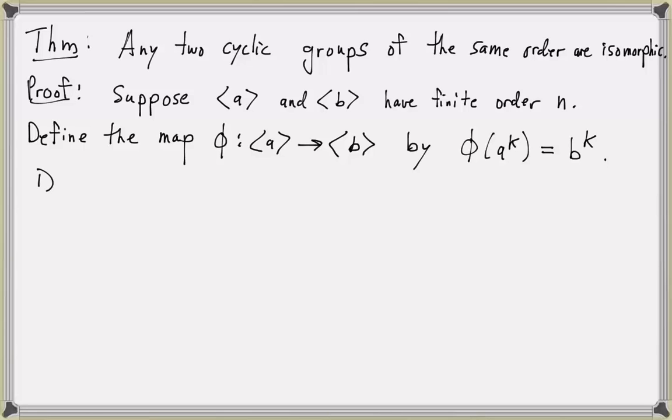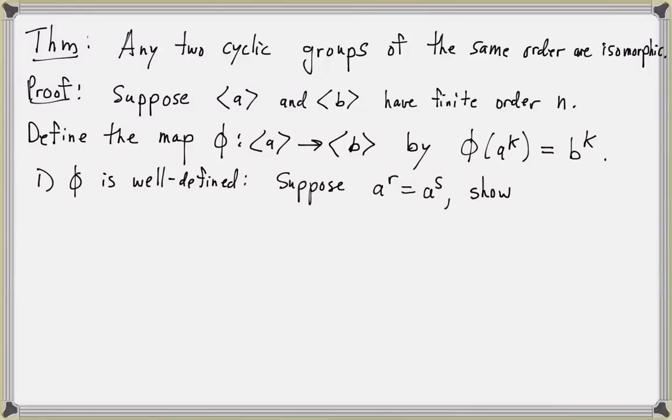First, we'll show that phi is well defined. Suppose a to the power r equals a to the power s, we need to show that phi of a to the r equals phi of a to the s.